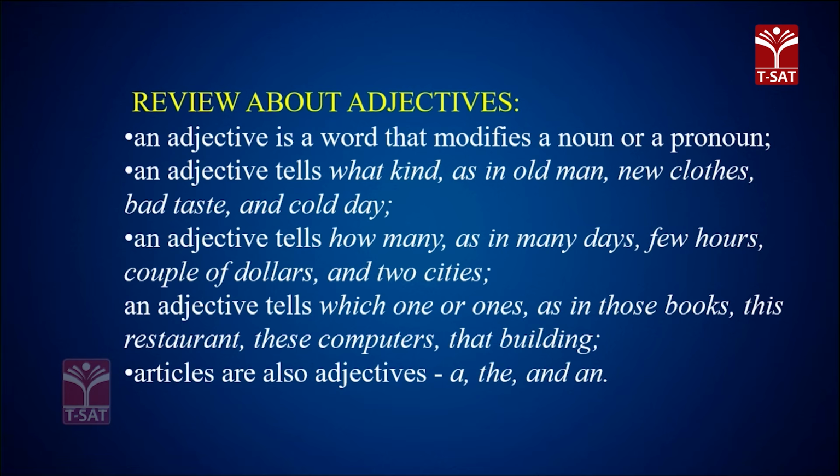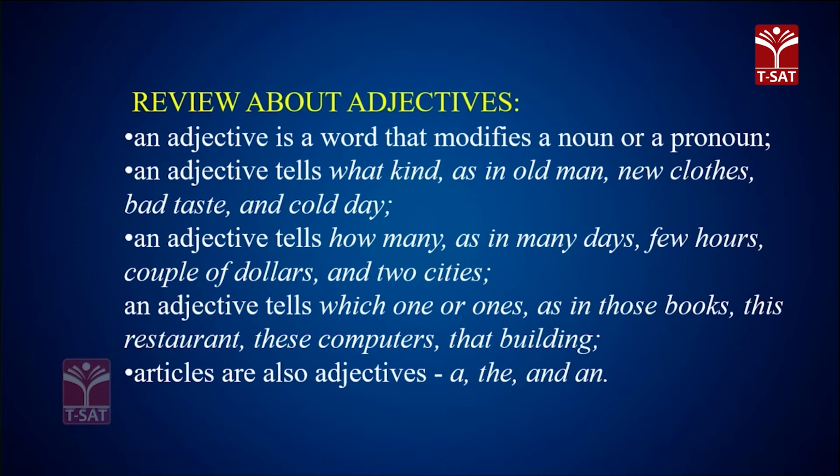An adjective tells how many, as in many days, few hours, a couple of dollars and 2 cities. An adjective tells which one or ones, as in those books, this restaurant, these computers, that building. So, that is how you should be able to identify the adjectives.